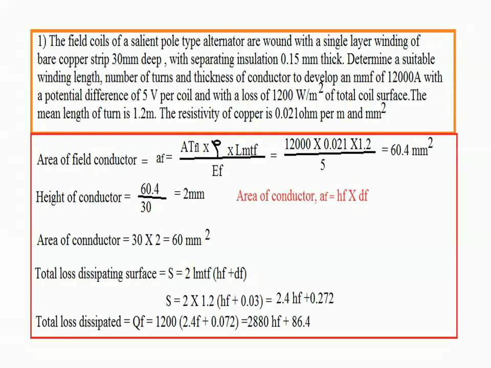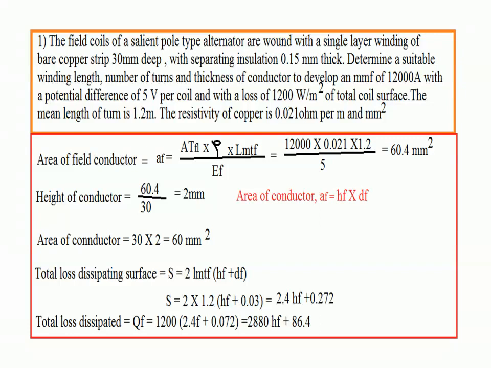Then next you can go for height of conductor. Once you know the area of conductor, it should be equal to height of conductor into depth of conductor. Then knowing the height of conductor, the modified value of area of conductor is around 60 millimeter square.